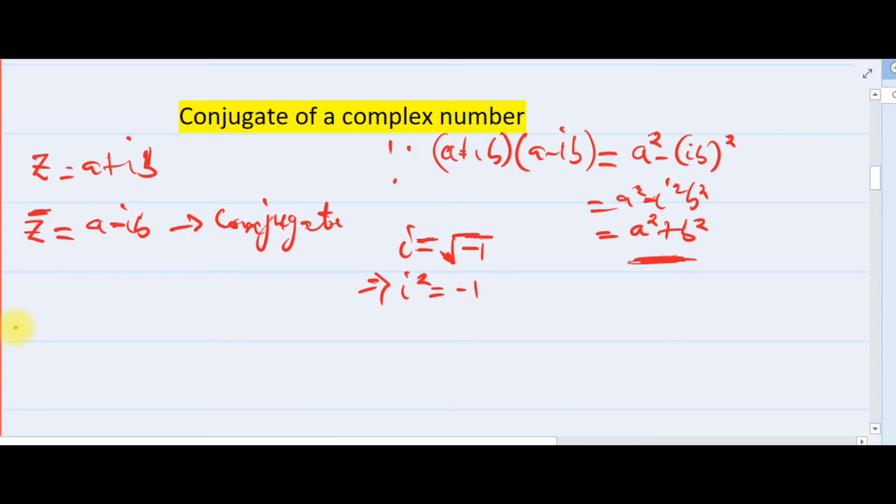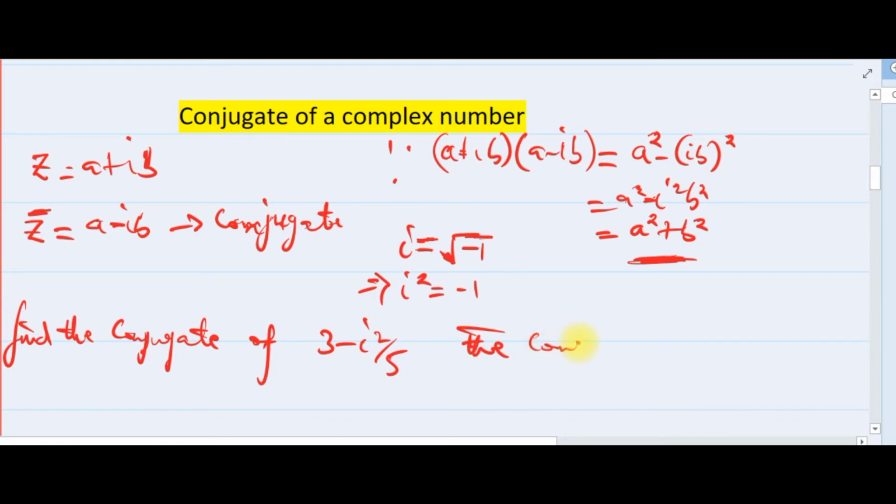For example, if someone asks you to find the conjugate of 3 minus i2/5, the conjugate is 3 plus i2 over 5. Just change the sign of the imaginary part.